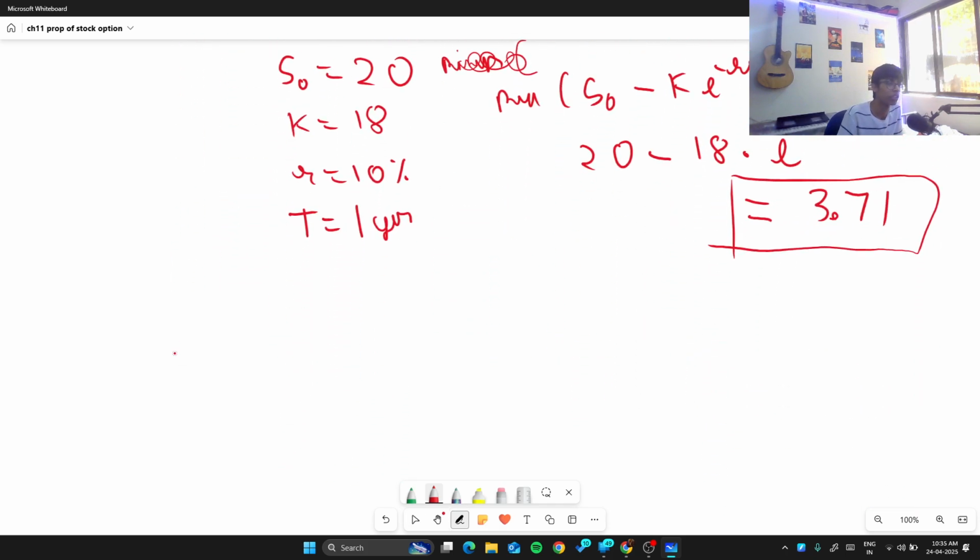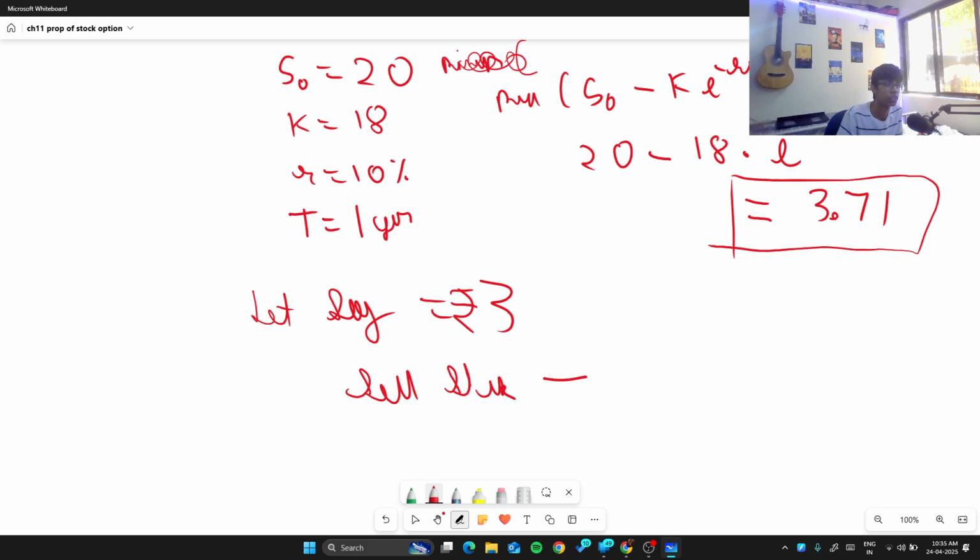Let's say the option is available at 3 rupees. So what will the arbitrageur do? He will create an arbitrage opportunity: sell the stock today at 20 and buy the call at 3.